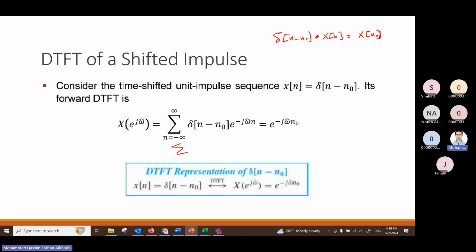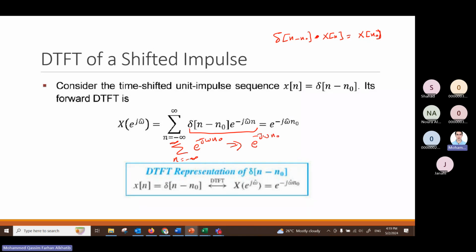Then the summation will be from n equal negative infinity to infinity. Now apply what we have done there. You will get e to the power minus j omega n naught. And since the summation is over n, and there are no n's here, it's going to be the same value, e to the power minus j omega n naught.